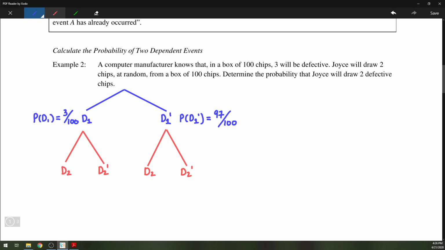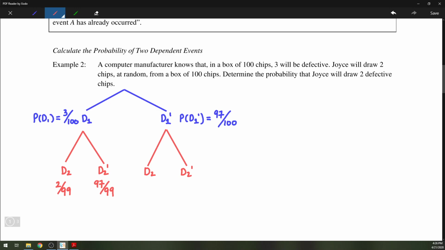Okay, so when Joyce draws the second chip, you will only have 2 chips left that are defective if you're moving down to the left-hand side here. So that's 2 defective chips out of 99 chips left over. If the first chip that Joyce drew was defective, there are still 97 chips that work.